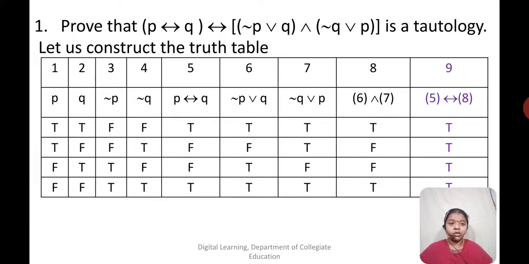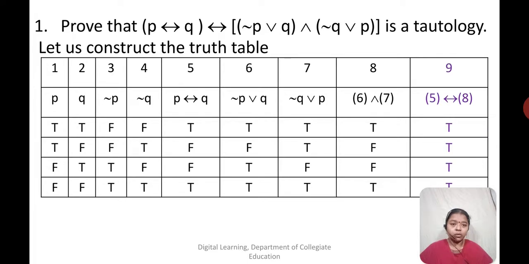As I've already told you, when we use the OR symbol, if either one of them is capital T, then negation P or Q will be capital T. If both of them are F, then obviously our answer is going to be capital F. Now let me see which combination is that. In the first combination, one is F and another is T, so obviously it is T. In the second combination, both are capital F, so our answer is F.